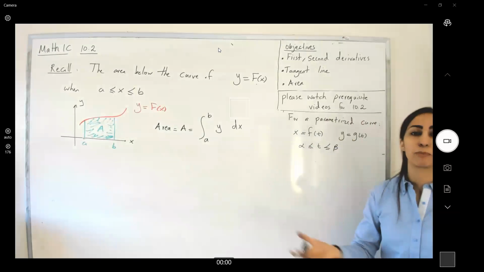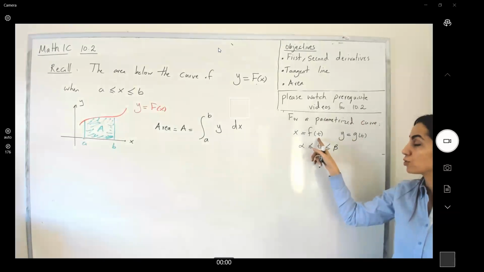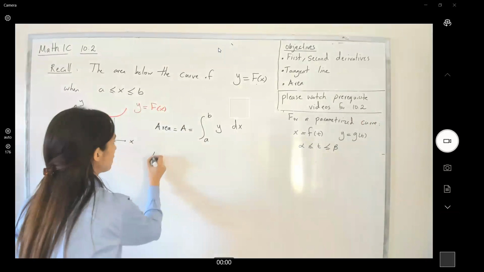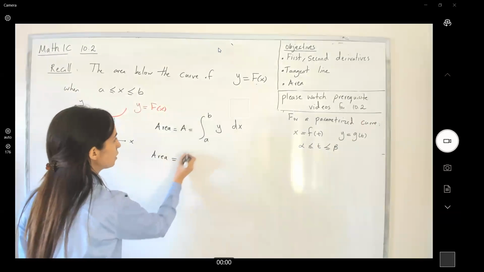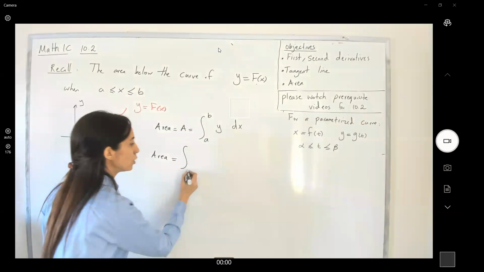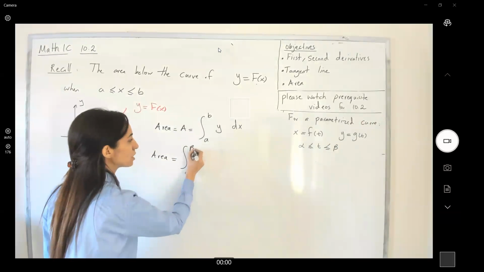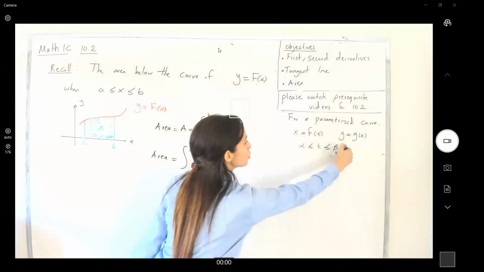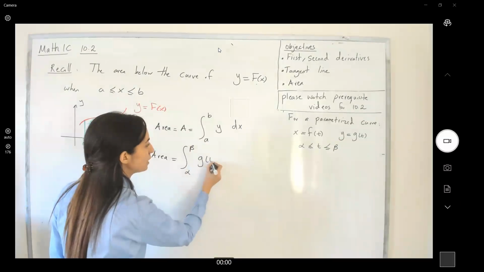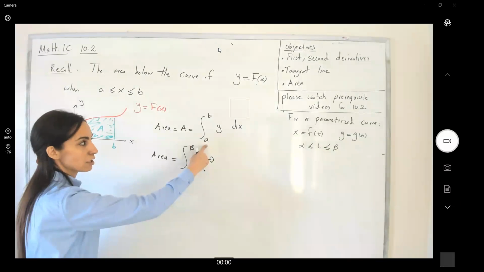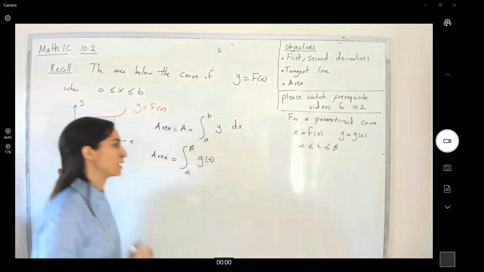Since we have a parameterized curve, we need to write this integral in terms of t. So the area is equal to the integral, your x was bounded between a to b, your t is bounded between alpha and beta. What is y? Y is g of t. I'm writing everything in terms of t. That's why the boundary, instead of being a to b, is alpha to beta.